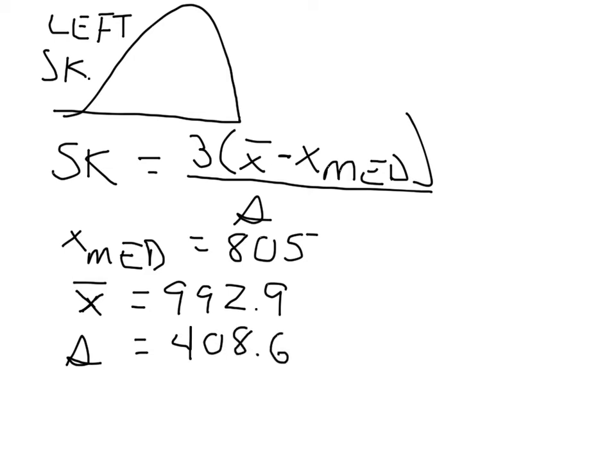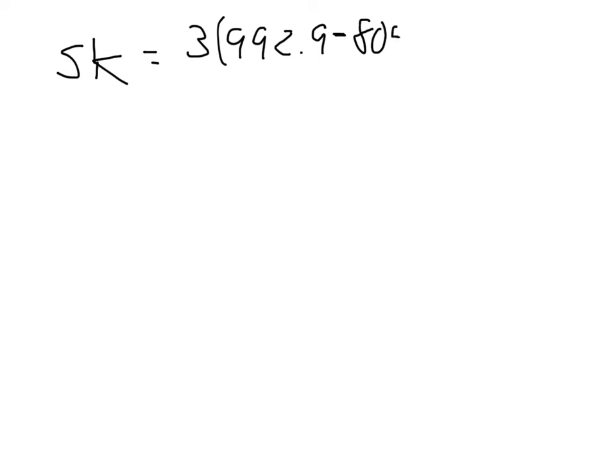So let's go ahead and put this all together. So our measure of skewness is going to be 3 times (992.9 minus 805), and that's going to be all over 408.6.